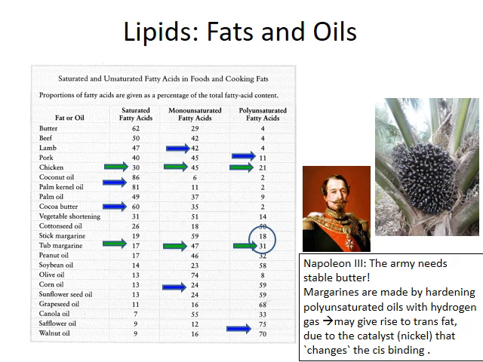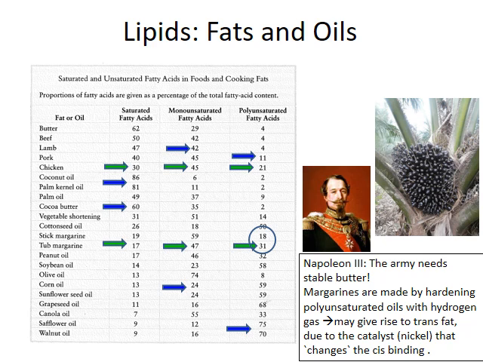So we can also now say that not all plant lipids contain a small amount of saturated fatty acids. There are some that contain a lot. Furthermore, we can also see that we have stick margarine and tub margarine.